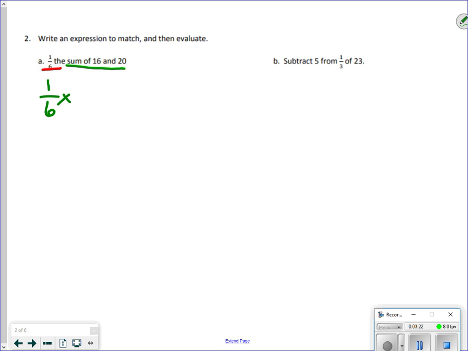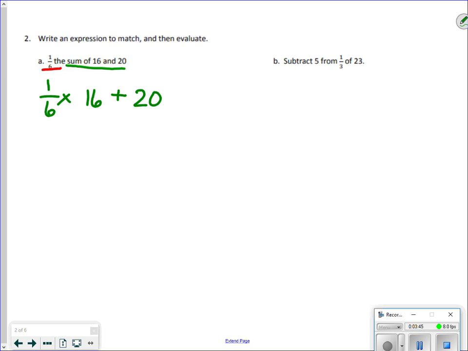So sum means add. And what are we adding? 16 and 20. 16 and 20. Okay. So now I have to figure out where my parentheses go. Is it going to be here? Is it 1/6 of 16?